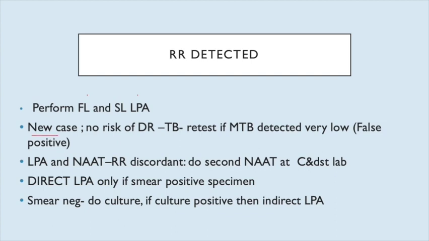If it's a new case and there is no risk of drug resistant TB and we get a positive report of rifampicin resistance, we can retest the patient. No need to jump to conclusions of rifampicin resistance based on your NAAT if there is no risk of drug resistance. If MTB detected is very low, there are chances it could have been a false positive. Repeat, retest and then decide.